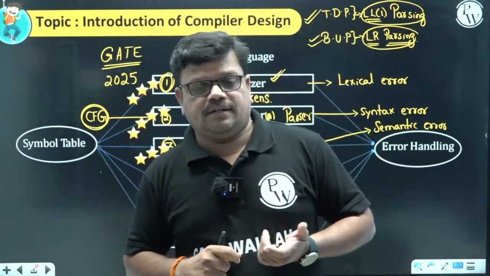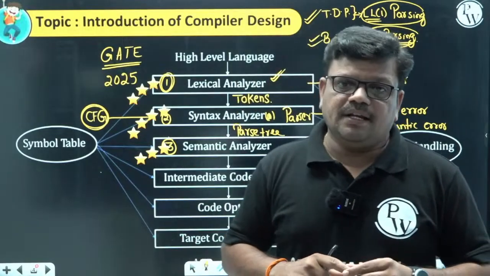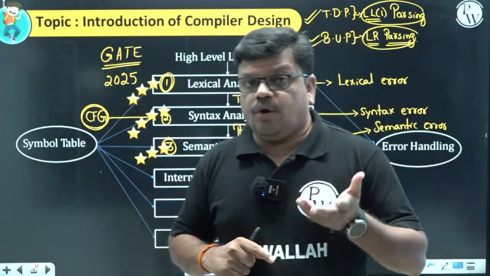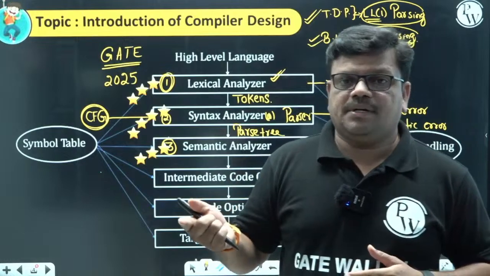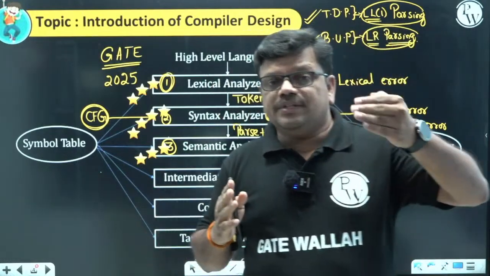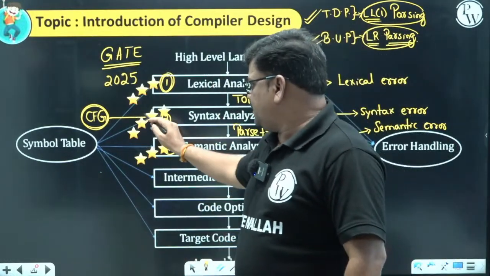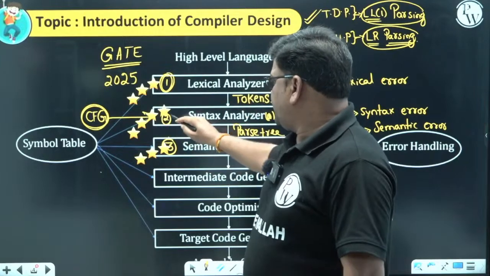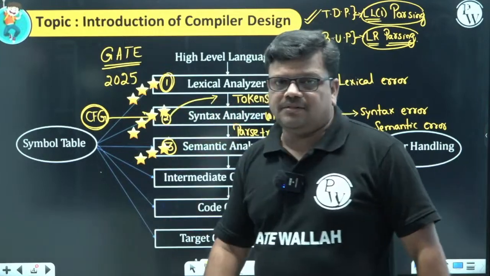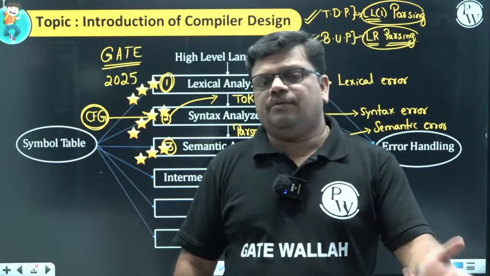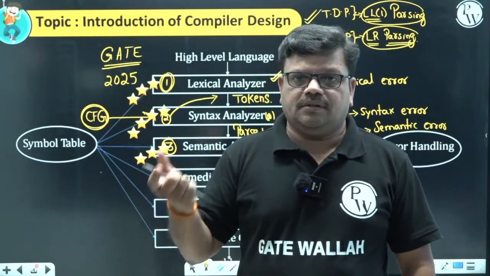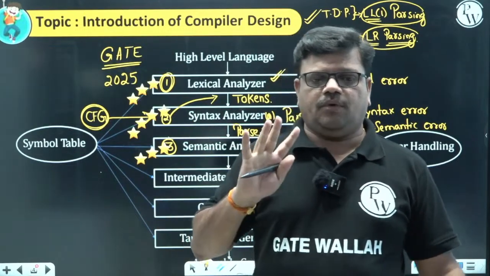Next, parsing algorithms, the two types: top-down parsing algorithm and bottom-up parsing algorithm. By taking these grammars and tokens, we will design a parser. The parser can be a top-down parser, LL1 parser, or a bottom-up parser. So these are the theoretical concepts involved in this.